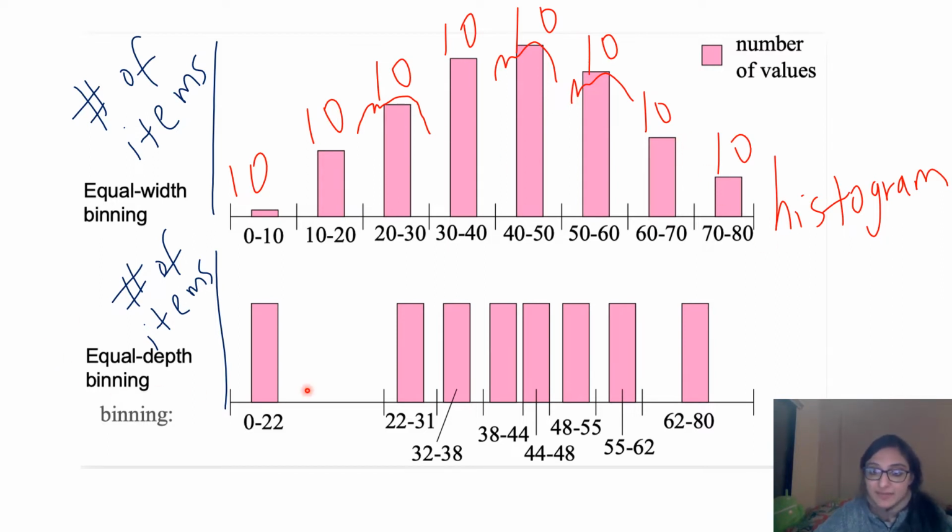But for equal depth binning, all we really care about is having the same number of items inside each bin.